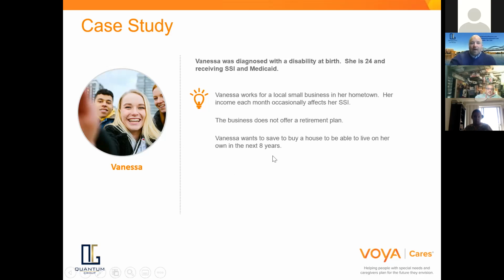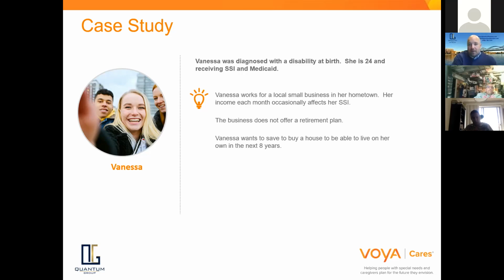An ABLE account is a great opportunity here. The biggest thing to understand is that she and her family can put in $15,000. And honestly, her employer could help too. If they're a small business and want to help, they could put money into her ABLE account. But she can also put in an additional $12,400 if she wants to.